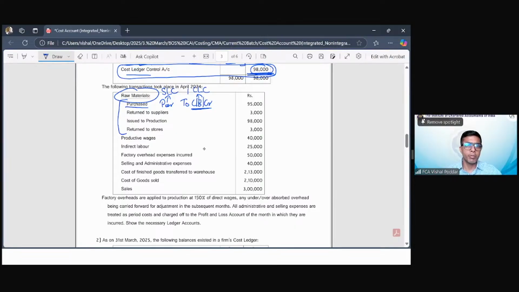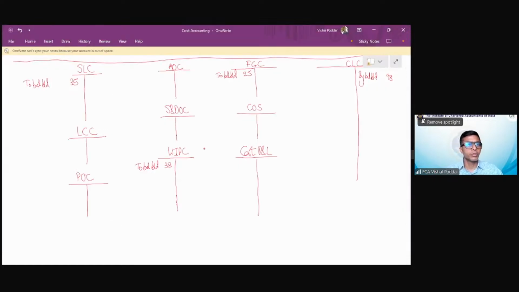So my entry would be SLC debit, that is the stores ledger control debit, and CLC credit by rupees 95. So it is to CLC rupees 95 by SLC rupees 95. So this becomes my entry for purchases. Fine with all?